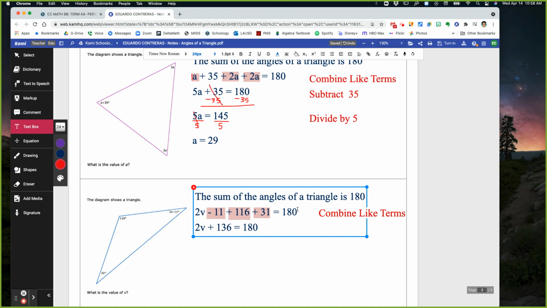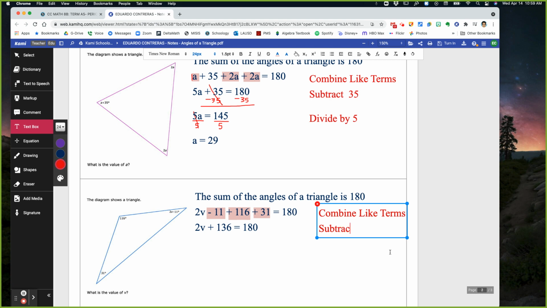So all I did was I added the two positives. I got 147. Then I subtracted 11, so I got positive 136, so plus 136. Okay? Check my math on that and see if it's correct. What's my next move here? What do I want to do next? Subtract 136. I'm going to subtract 136, so I'm going to do that.